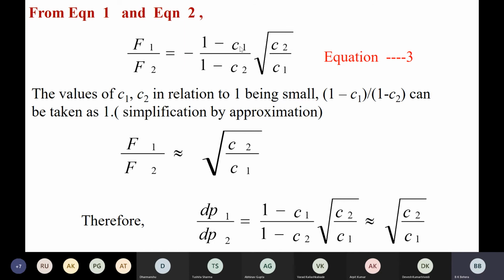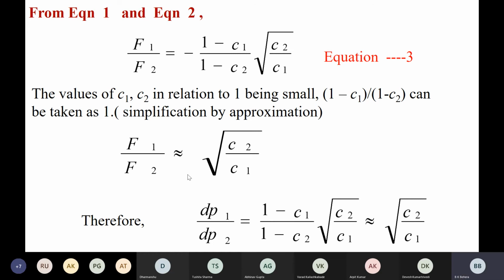Crimp of 3% means 0.03. Crimp of 5% means 0.05. So 1 minus 0.05 or 1 minus 0.03, not much change. So this remains 1 upon 1. We assume this value as 1.